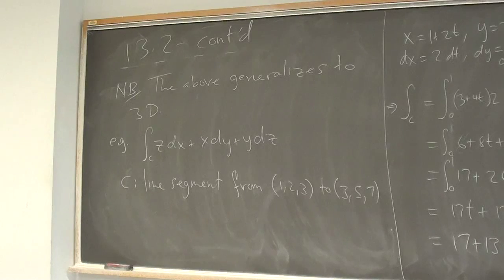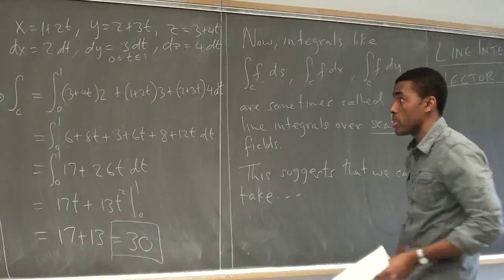But since the domain is also one-dimensional, could it be considered a kind of scalar field? Not really, no. It's based on the function you're integrating, so the domain doesn't have any. That's not where the name comes from. It comes from the function, right? And we're going to see the difference in that now.